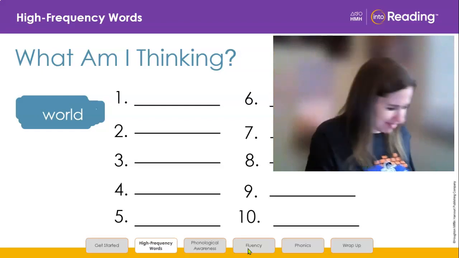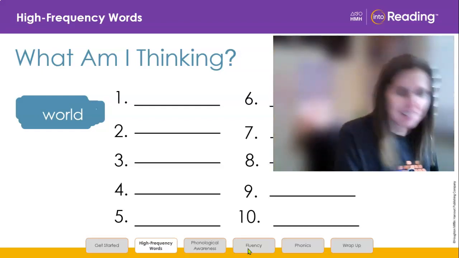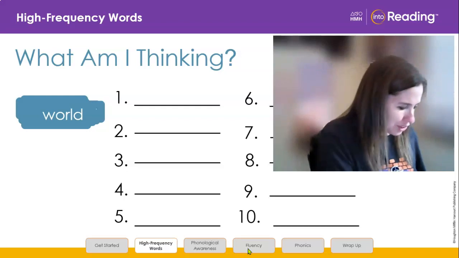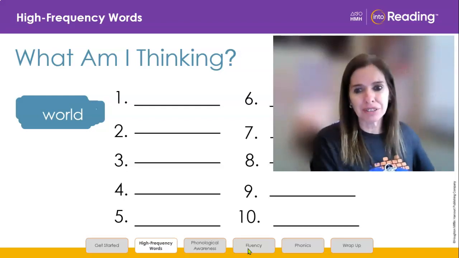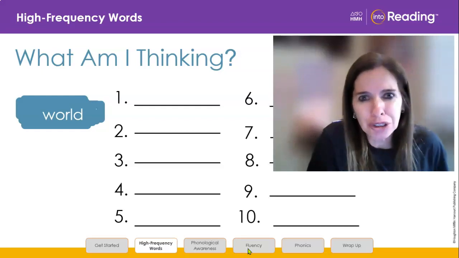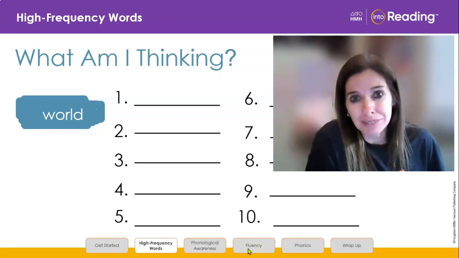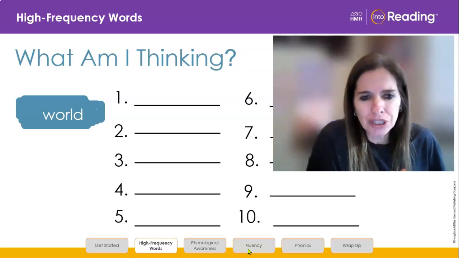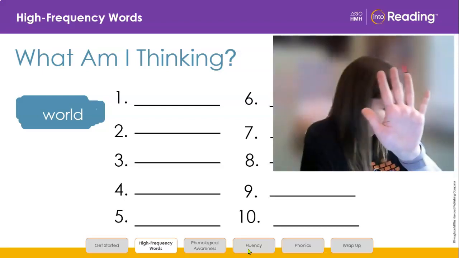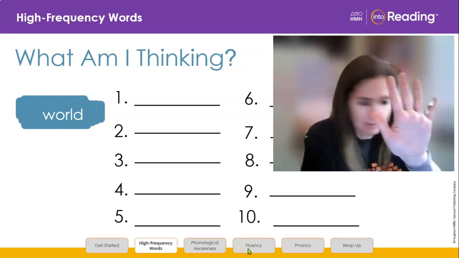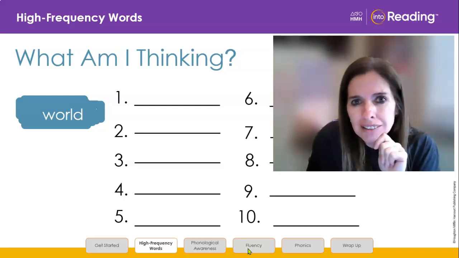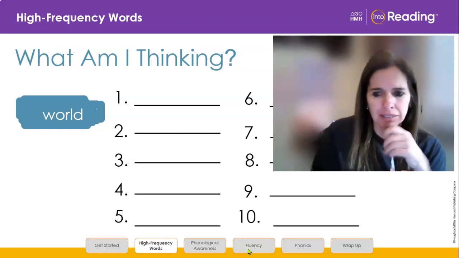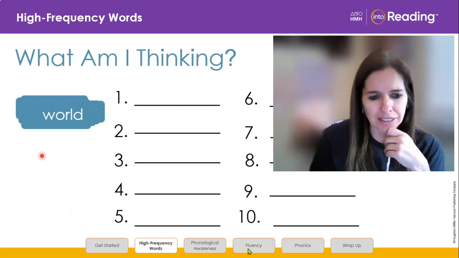All right. Are you ready for the last one? You might have noticed if you put a little check mark by them as you went, you'll notice which ones are left. Otherwise, let's make sure, because you might have the wrong one left. I'm thinking of a word that has 5 letters. It starts with a W and ends with a D. It has 5 letters.